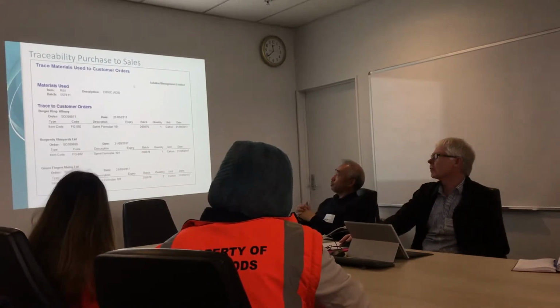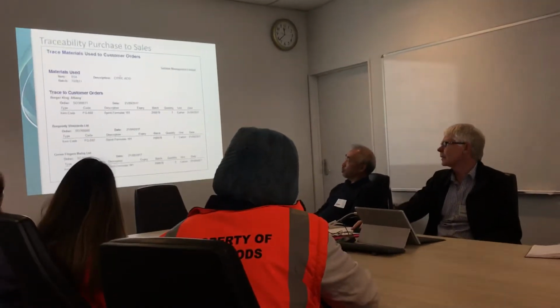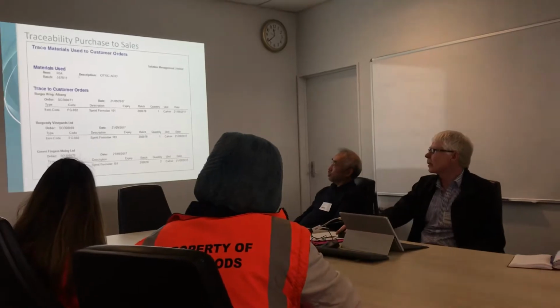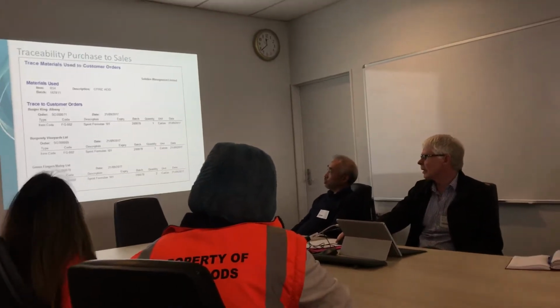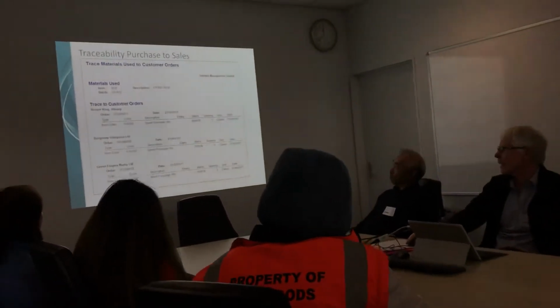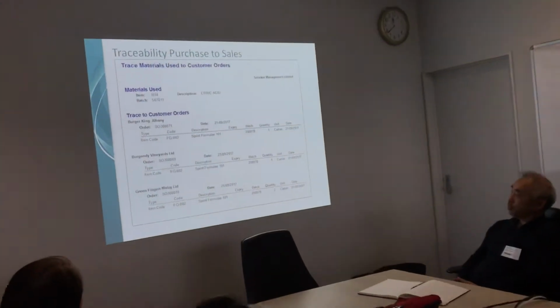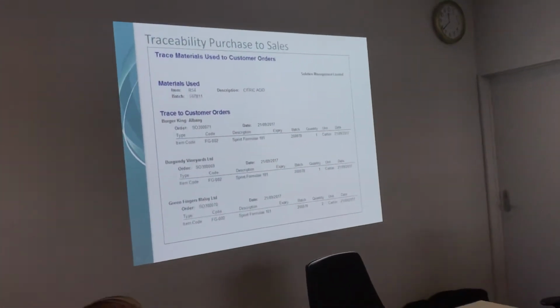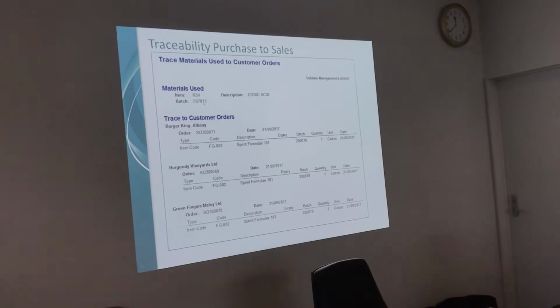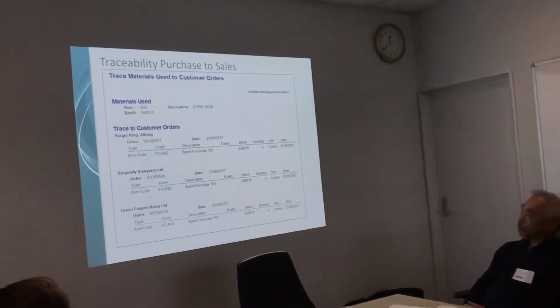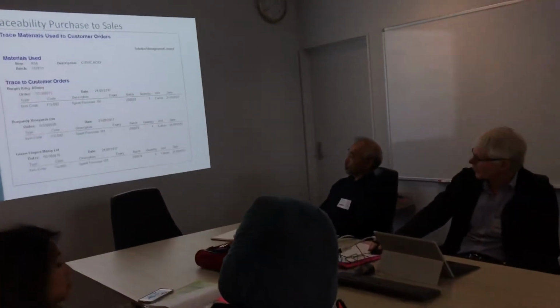So this one is okay. I've got the problem with the citric acid. So if all that linking's in place, then immediately it's going to tell me that batch, which has a best before date, or it may not have for citric acid, but anyway, that batch went into these orders and these products.